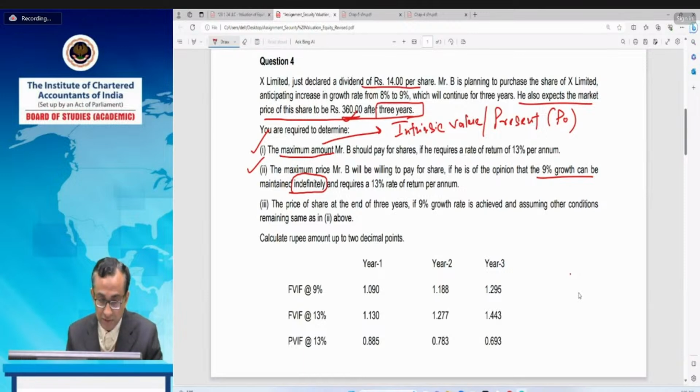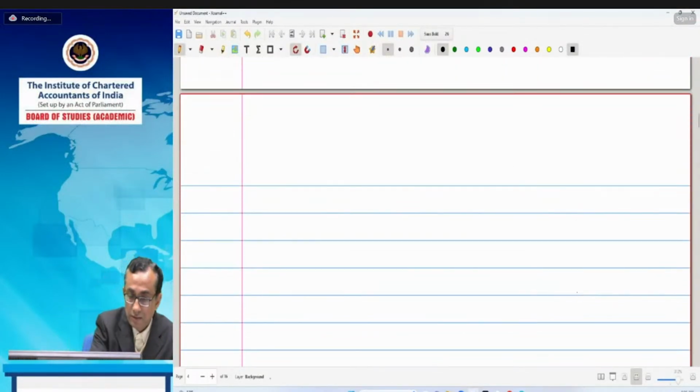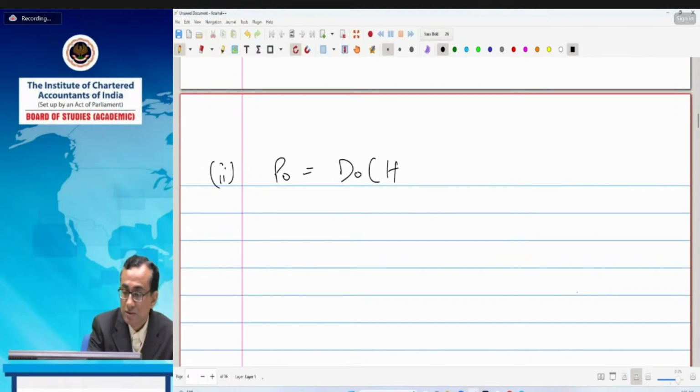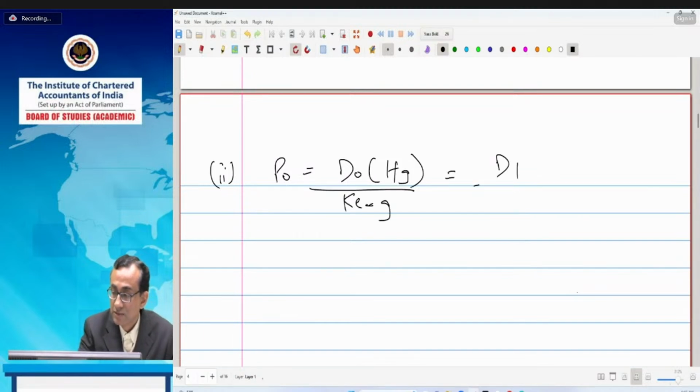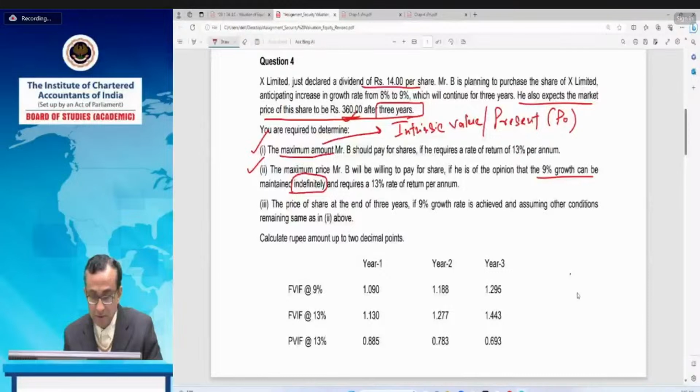So let us calculate this. P0 is equal to D0 into 1 plus G upon K minus G, or it can also be written as D1 upon K minus G. So what is D0? D0 is given in the question. It is 14.